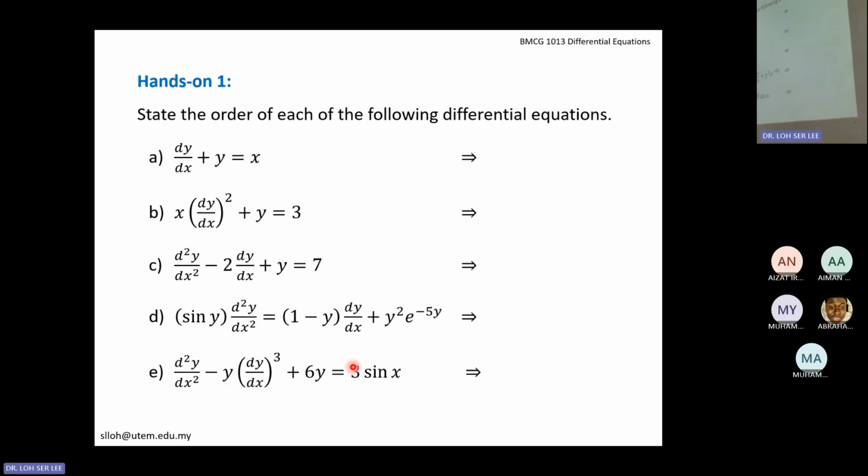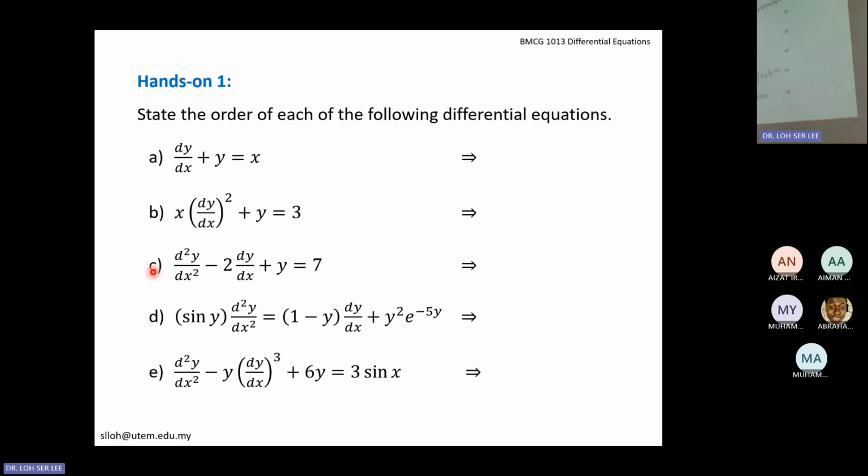Okay, so now we use the equation from hands-on number 1, which checks for the linearity. Is it linear? Linear. Okay, linear. B, non-linear because of the square, because of this term.